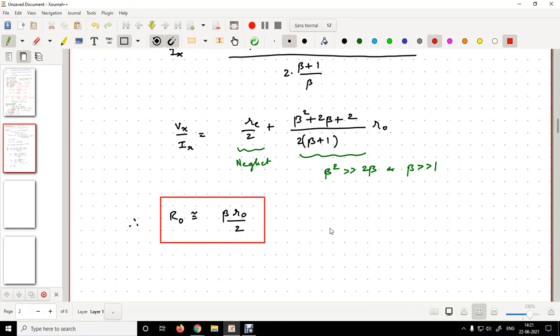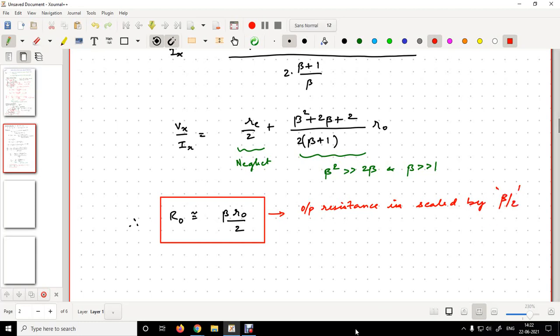So here you can conclude that output resistance is increased or scaled by beta by 2.